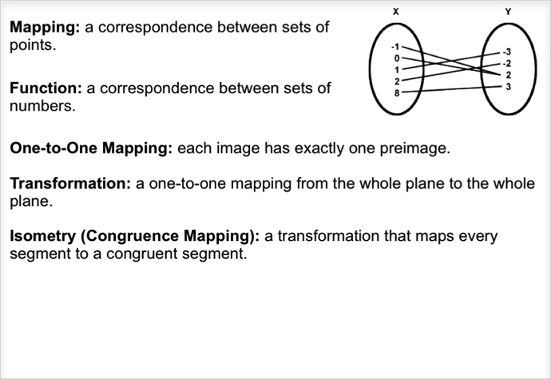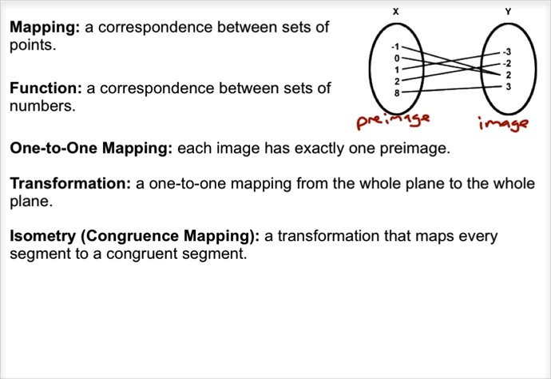A one-to-one mapping means each image has exactly one pre-image. So if I think of these, the image is the new transformed one. So over to the right, these would be my image. And the pre-image is the original. So a one-to-one mapping means that each image has exactly one pre-image.